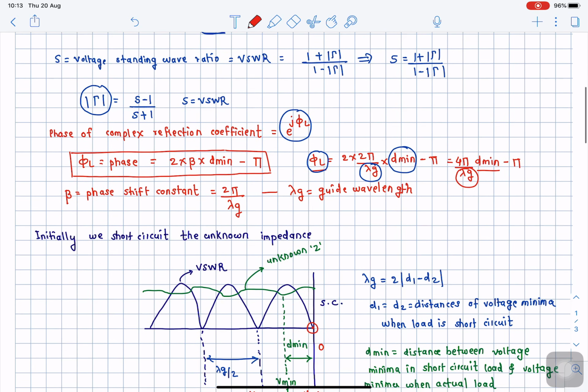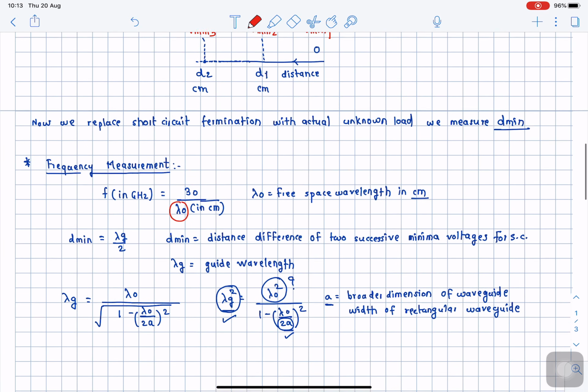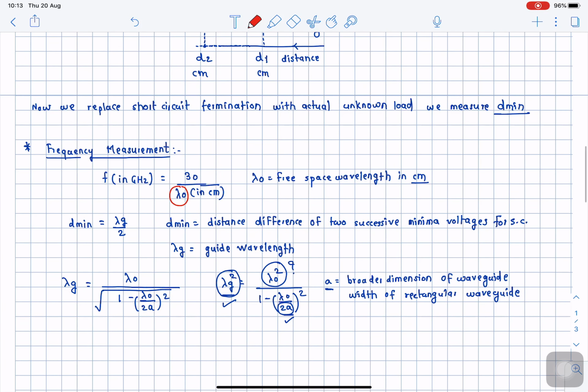From that you will find the guide wavelength. Measure the inner broader dimension of the rectangular waveguide, which gives the small value of a. Put these values in the equation and find the free space wavelength. Once you know it, you can find the frequency in gigahertz using the simple equation 30 divided by lambda 0 in centimeter, and you get the frequency directly in gigahertz.